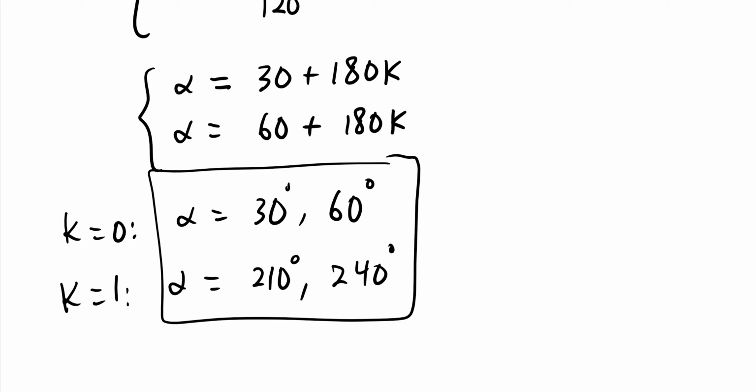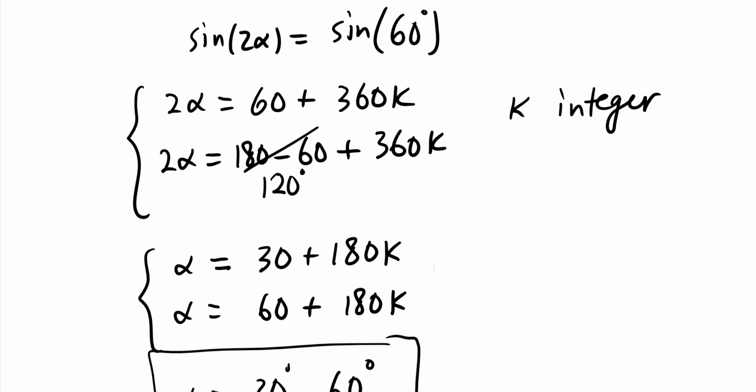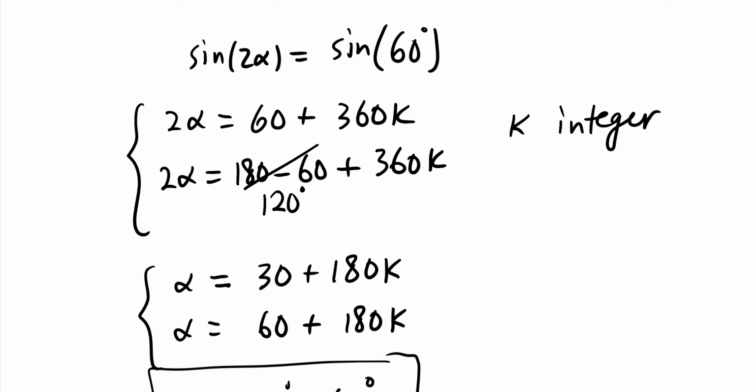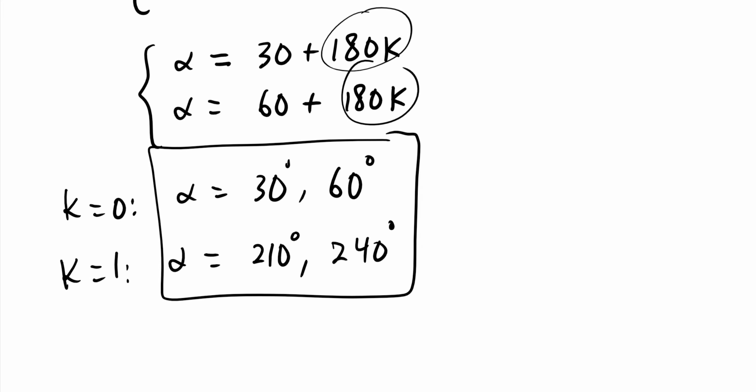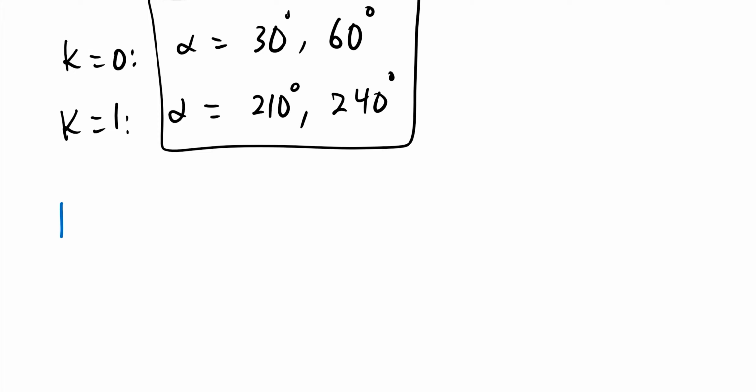Usually as we increase that number on alpha, like 3 alpha, you get more solutions. 4 alpha, you get more solutions. 5, you get more, because that makes the angle smaller and smaller. When we do the division, we end up having more and more values that fall between 0 and 360 degrees. So that's why.